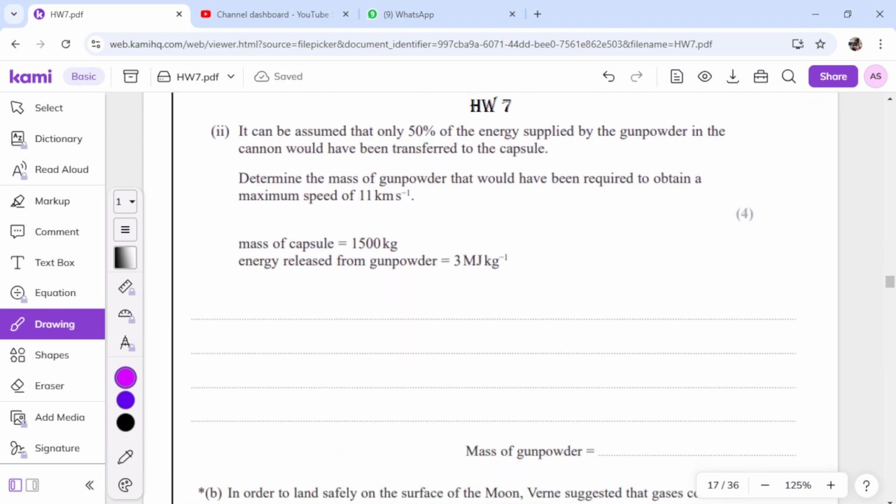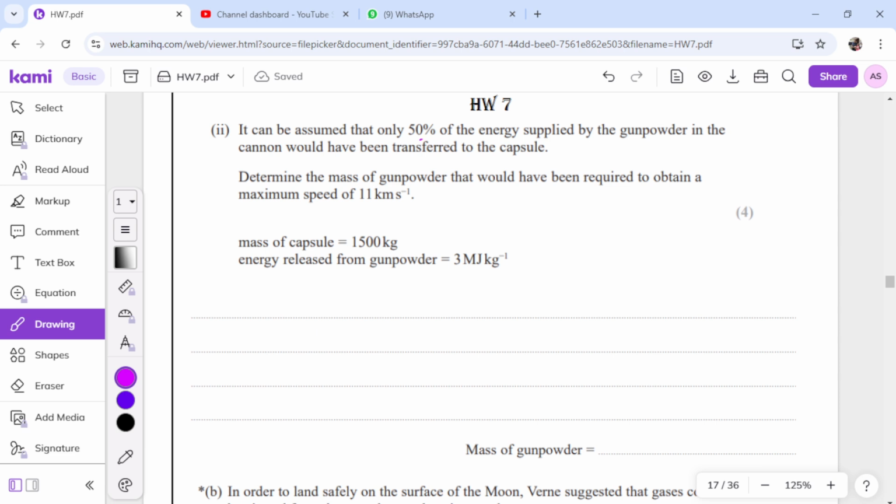It can be assumed that only 50% of the energy supplied by the gunpowder in the cannon would have been transferred to the capsule. So we have 50% of energy from gunpowder transferred to what? Transferred to the capsule. And what is the type of energy of the capsule? It's kinetic energy. Okay, determine the mass of the gunpowder that would have been required for maximum speed 11 km per second.